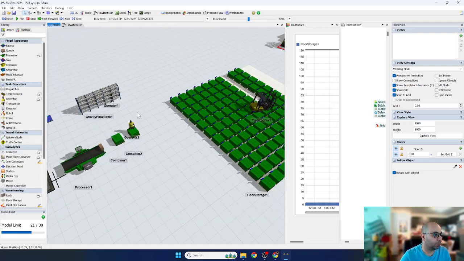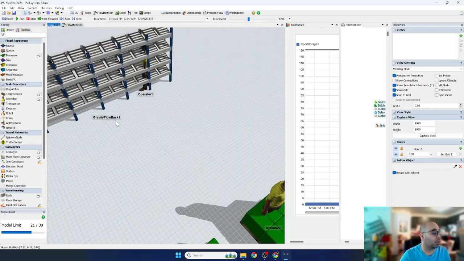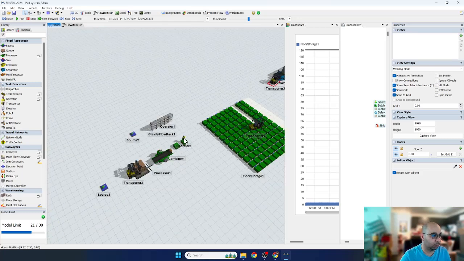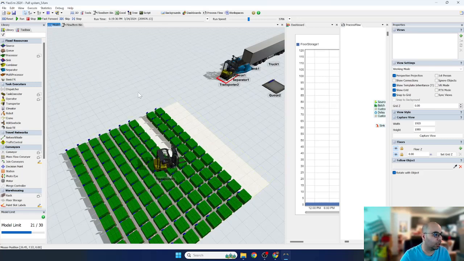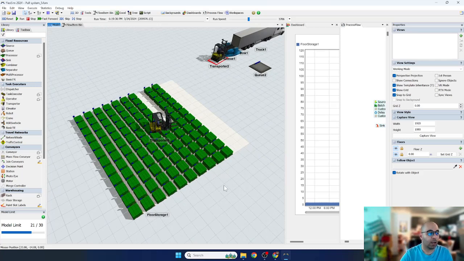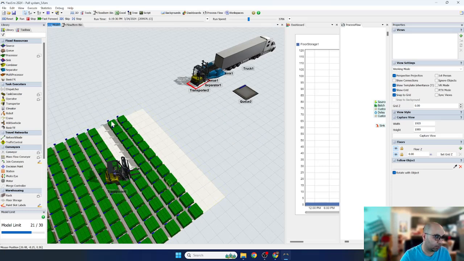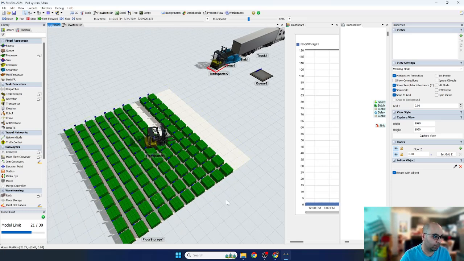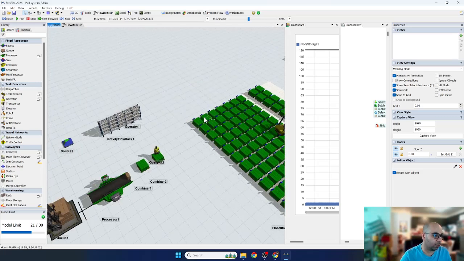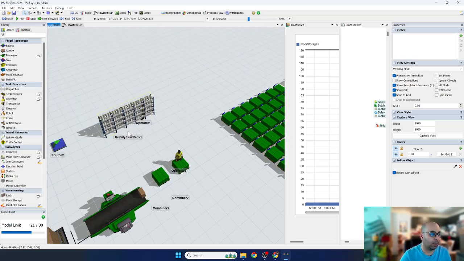So what we have here, the Kanban board is empty, which means that we actually reached the maximum lot size we are supposed to build in the storage area. So the operation team is not going to make more parts, basically. They're just going to wait until the customer starts pulling parts from the storage area. And then we're going to have Kanban cards here, and then the operation will proceed again.